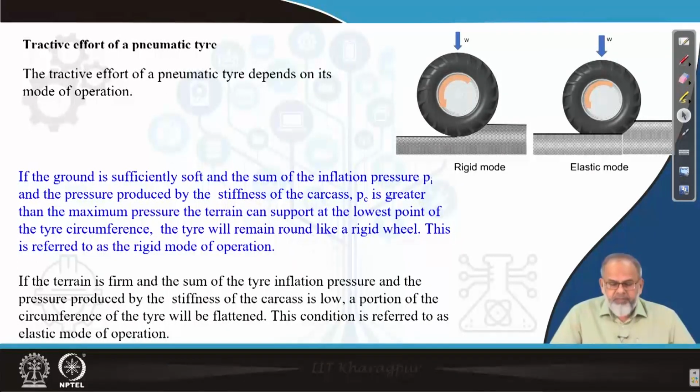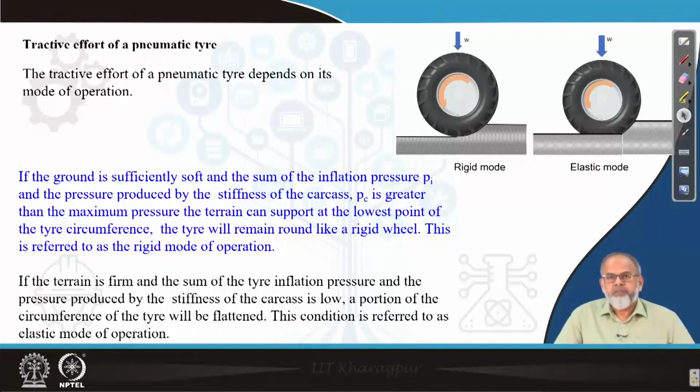Now when that wheel is powered, it becomes a powered wheel. Our discussions will be confined to the powered wheel as we are interested in finding out tractive effort. The second option is elastic mode. Again, if the inflation pressure and the pressure due to carcass stiffness are less than the pressure the terrain can support, then the tire will be flattened at the contact point.